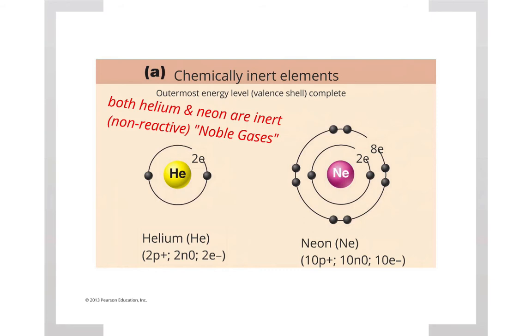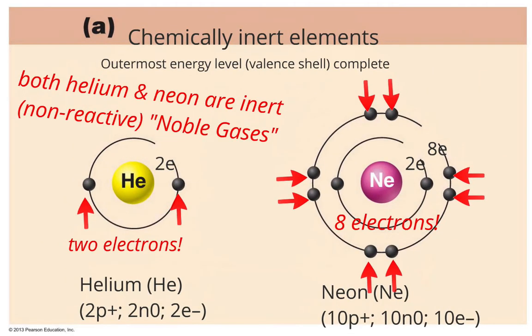Neon, on the other hand, does have a second layer, but if you notice, that outer layer has 2, 4, 6, 8 electrons, and as such, it's perfectly happy. So both of these are chemically inert elements. They do not react with other substances. And you can see in this picture that I'm pointing at the full valence shell electrons, 2 in helium, 8 in neon.